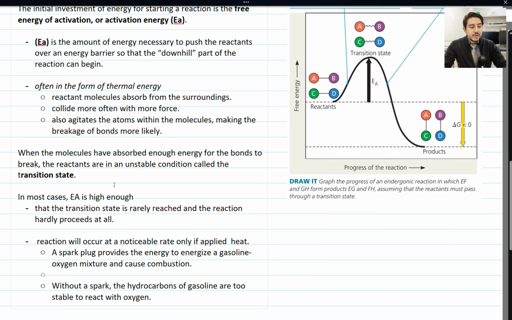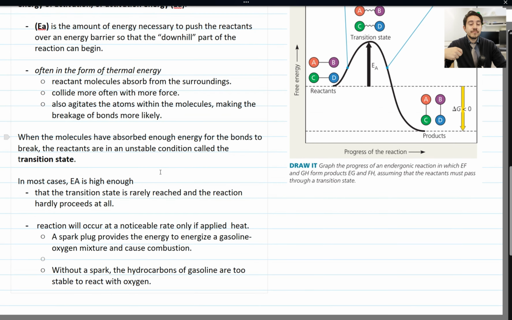When you have enough energy that their bonds are about to break, the reactants are in an unstable condition, and that unstable condition is called a transition state. The bonds have enough energy that they're about to break, and you absorb enough energy that they actually break, and that's when you have this sudden change in state amongst the reactants driving into the products.